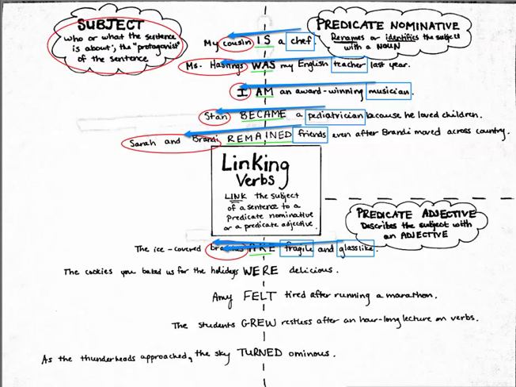The next sentence, the cookies you baked us for the holidays were delicious. What's the sentence about? It's about the cookies. Well, what about the cookies? They were delicious.